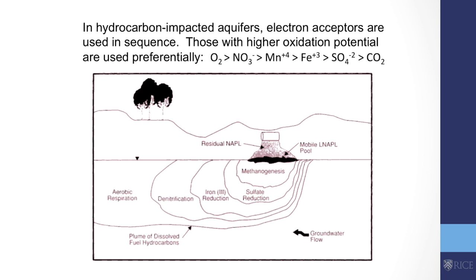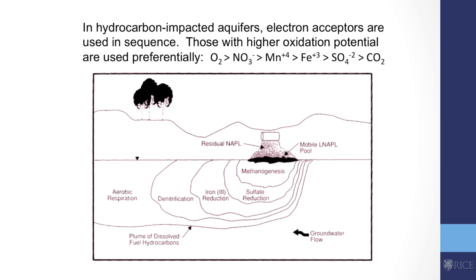And then in turn, manganese reducers may take over, and in sequence, there will be maybe the iron reducers and the sulfate reducers, until the only electron acceptor left is carbon dioxide, whose reduction generates methane.